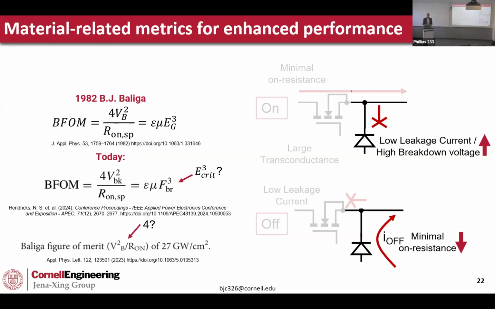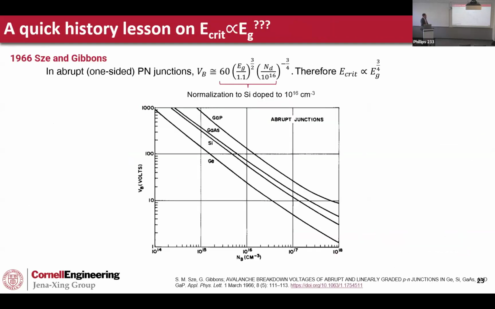So I'm going to go back about 60 years to the original derivation of this, and we're just going to walk through where this actually comes from and what the assumptions are. Back in 1966, Sze and Gibbons looked at impact ionization in the conventional materials of the time, germanium, silicon, gallium arsenide, and they noticed this trend where if they normalize it to silicon at 10 to the 16 doping, then it has roughly a 3/2 dependence on the voltage, if you want to predict what voltage will break down at.